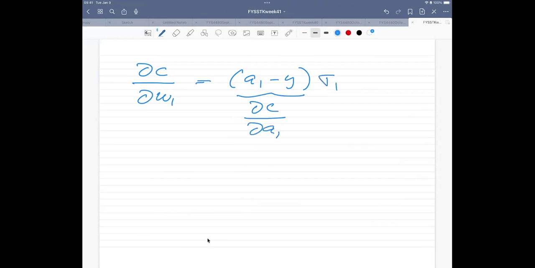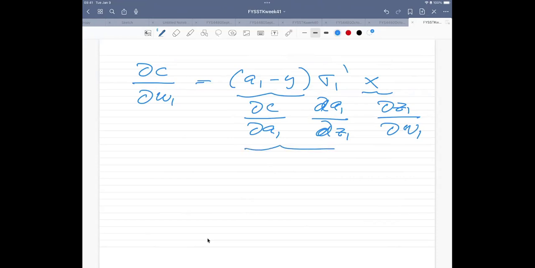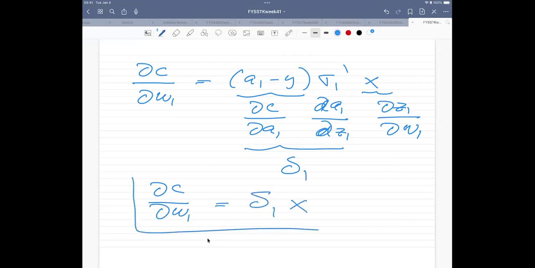Then I have sigma 1 prime, which is dA1/dC1. And finally it's multiplied with X, and this term was nothing but dC1/dW1. What is common now is that we collect the first two into one parameter, which I'm going to call delta 1. So dC/dW1 is equal to delta 1 multiplied with X. Now we have this gradient.